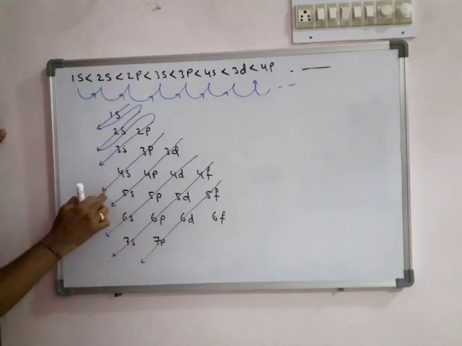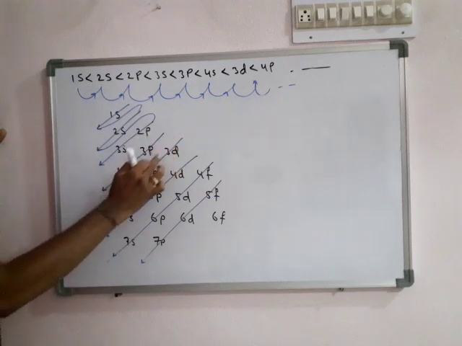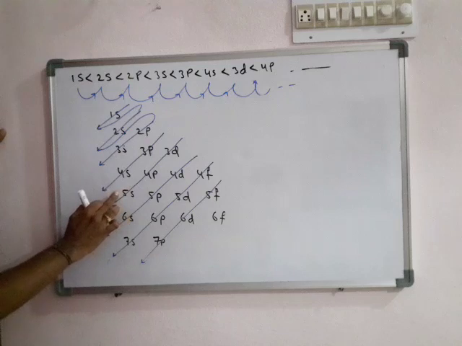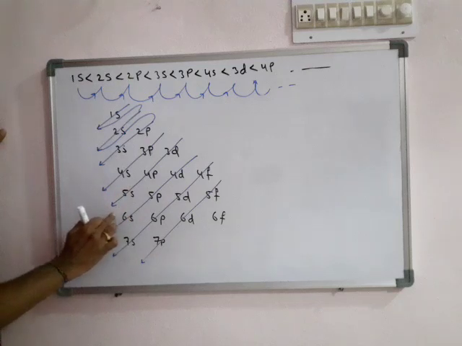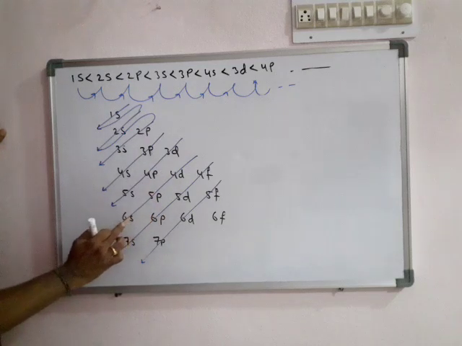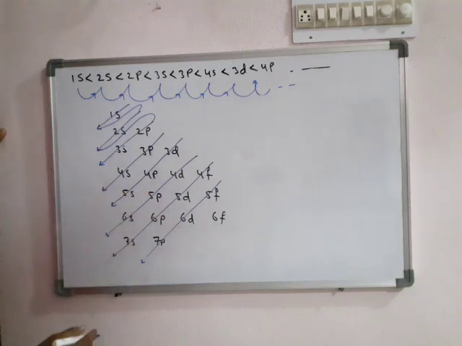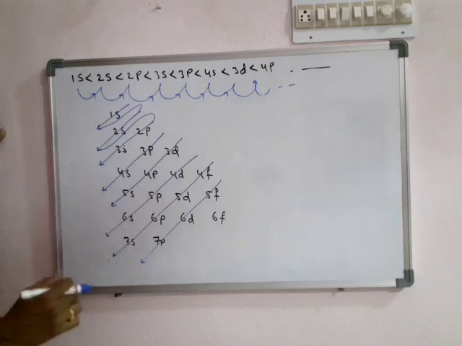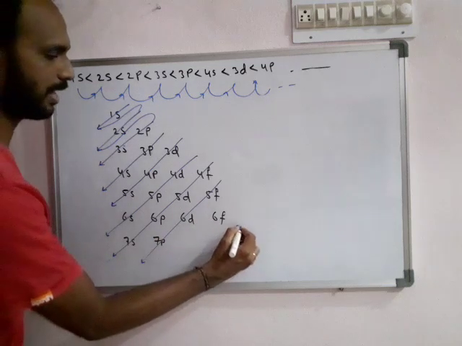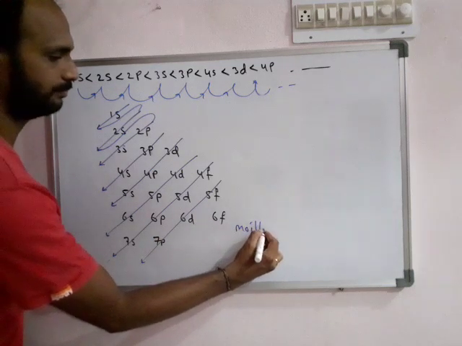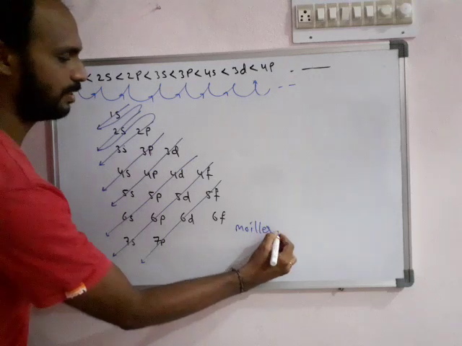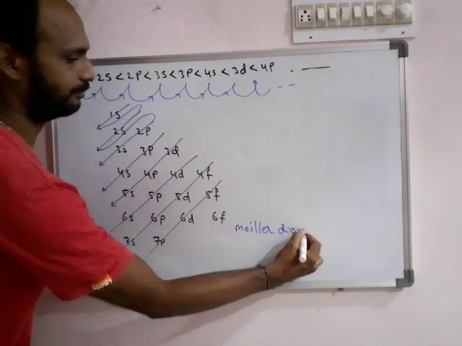After completion of 4s, 3d 4p 5s. Again after completion of 5s, 4d 5p 6s. So this is the simple diagram to remember the order of energy of orbitals, which is known as the Moeller diagram.